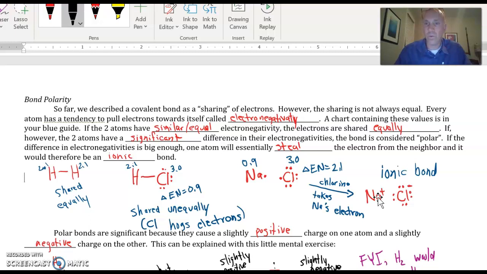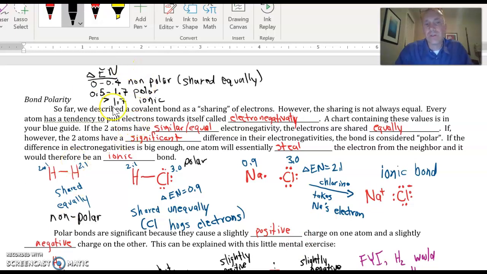All right. So just to give you a little guideline for when it's considered polar, nonpolar, or ionic. Right. So you can use this little chart right here as a guide for whether to consider it nonpolar, polar, or ionic. All right. If the difference in electronegativities is between 0 and 0.4, it's considered nonpolar. All right.